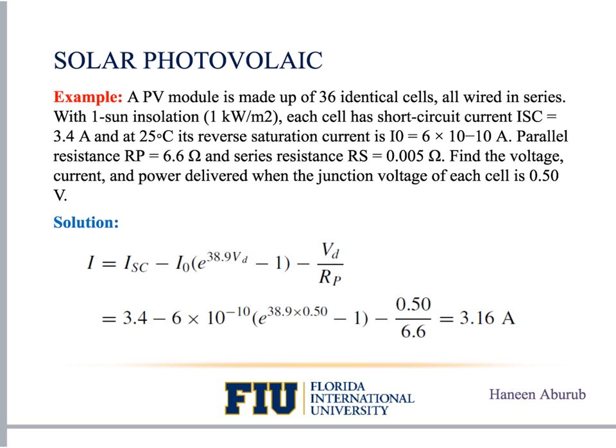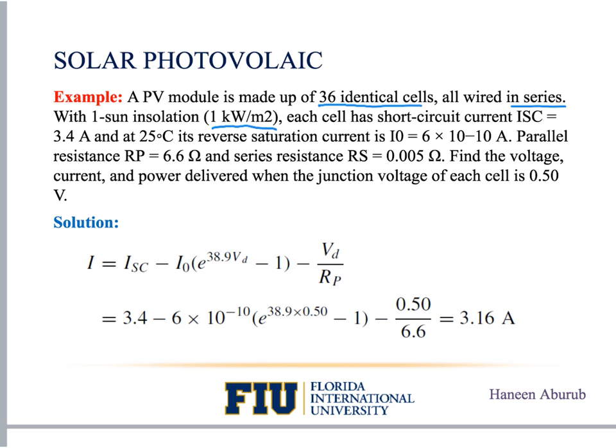Now let us solve an example that contains the cell and module concept. Here in the example, it says that we have a PV module that has 36 identical cells, all wired in series, so the purpose is to increase the voltage, with an insolation of 1 kilowatt per meter squared.